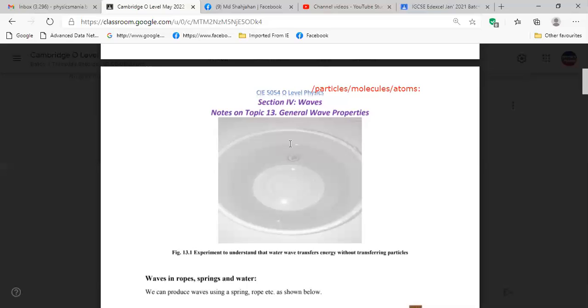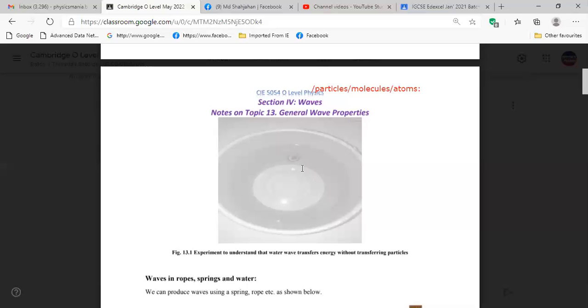It's not moving. Unless there is any tide or any flow of water, if you get only waves, then these particles stay in their place and move up and down. They will not change their place, just move up and down from their place, and by this moving up and down, they are transferring energy to the next molecules.